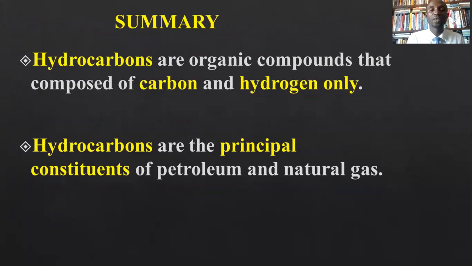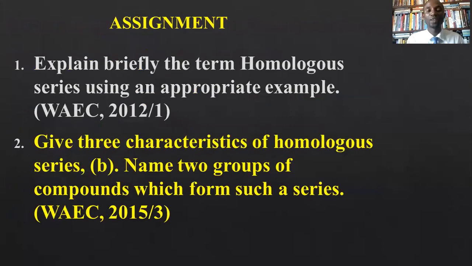Now, all right, we are going to take this one as an assignment. WAEC 2012 number 1 says briefly explain the term homologous series using an appropriate example. We have done what homologous series is. Explain it. What do you understand by that? Then give an example, any homologous series you want to use.